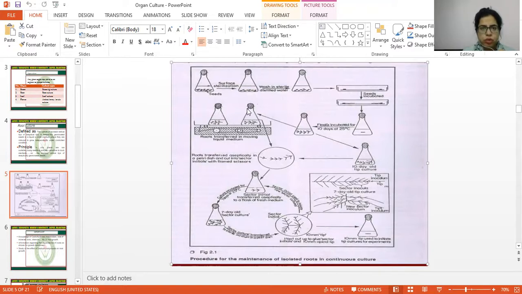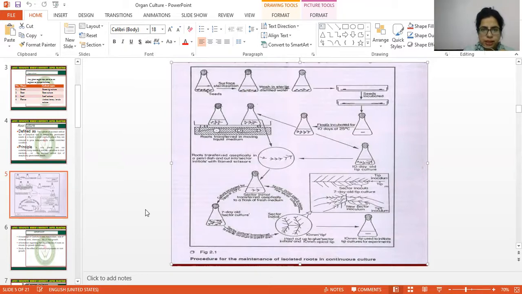Now you have two options. You can go this side, where the root is transferred to a moving liquid medium, or you can go for the 10-day-old tip culture process. Or, one more thing, you can collect your roots and transfer them aseptically into a petri dish and cut them into sector initials with flamed scissors.